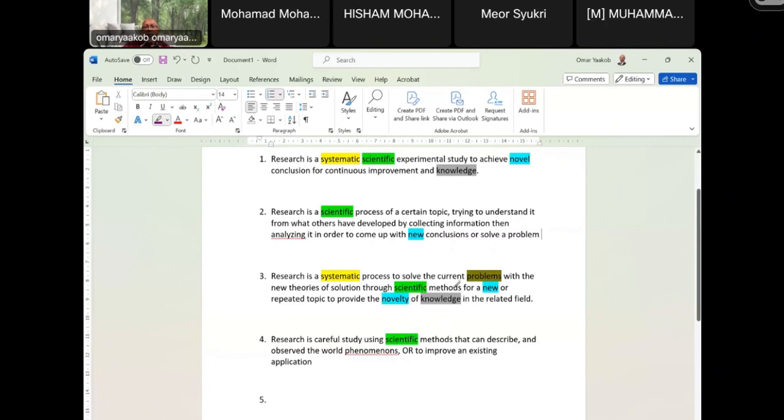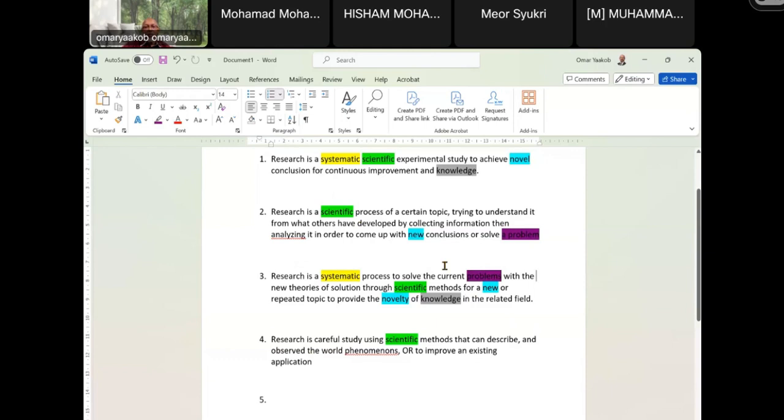Where's the problem? Number 2. Okay, solve a problem. Then, oh, this is also a problem. So that may be difficult to read, but it's okay.